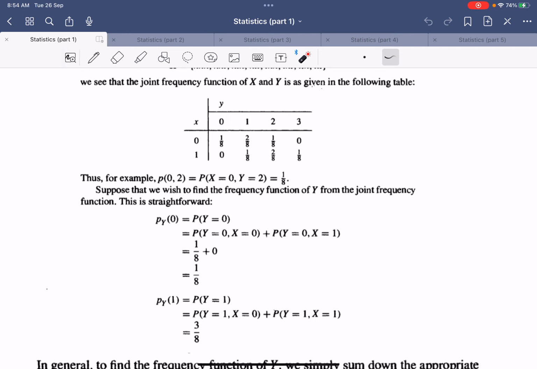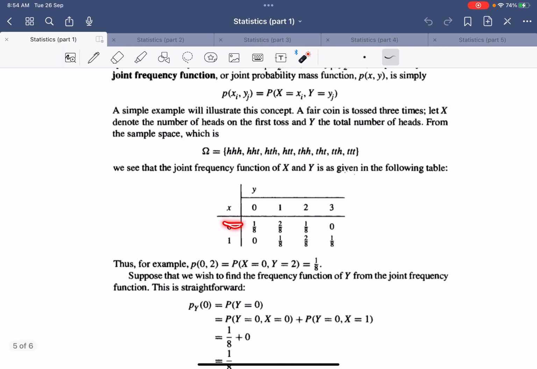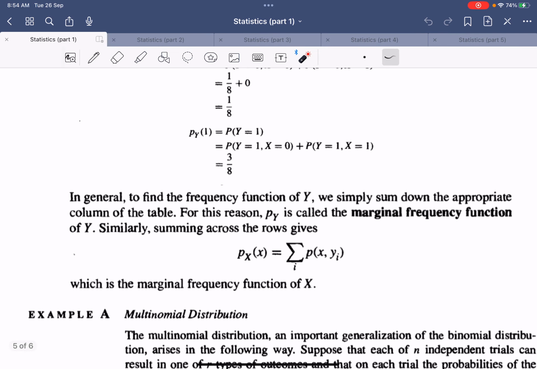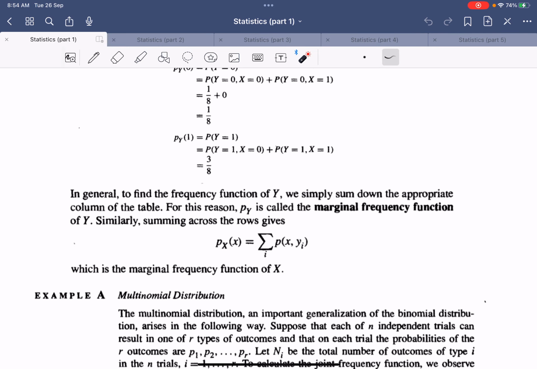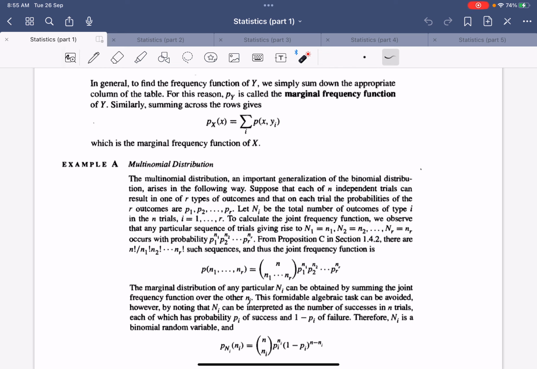So the probability of Y is 0 is 1 over 8, and so on. Same for X, you just sum it horizontally. So the marginal frequency is, let's say you want to find X, then it's the addition of all the Y cases.